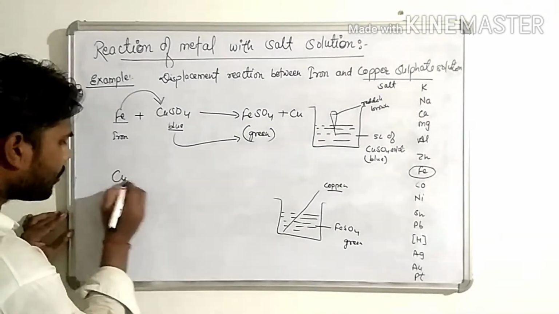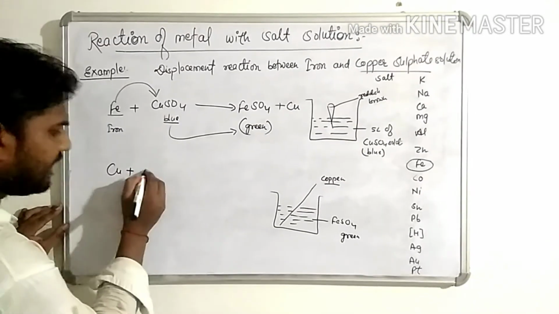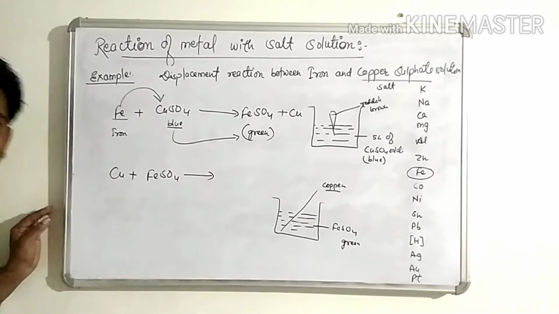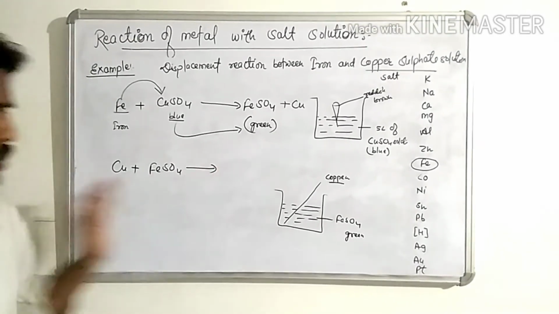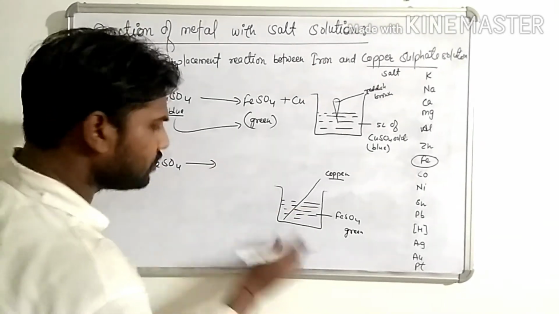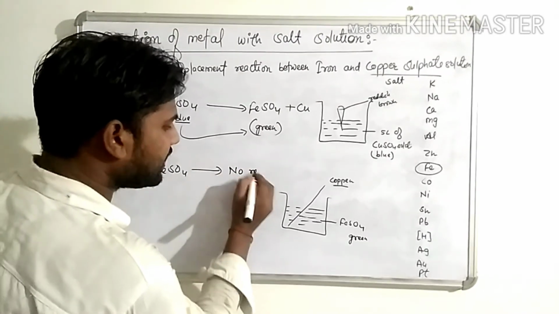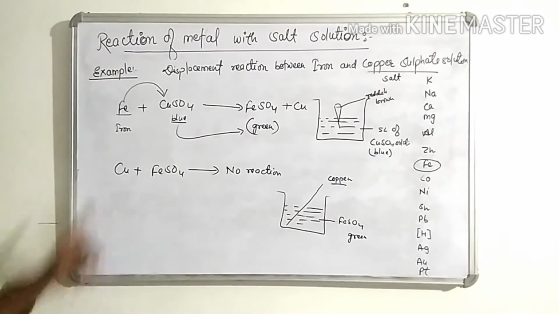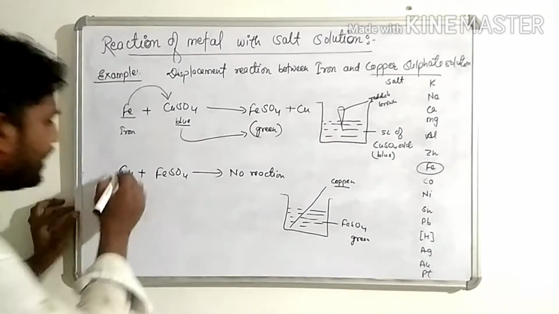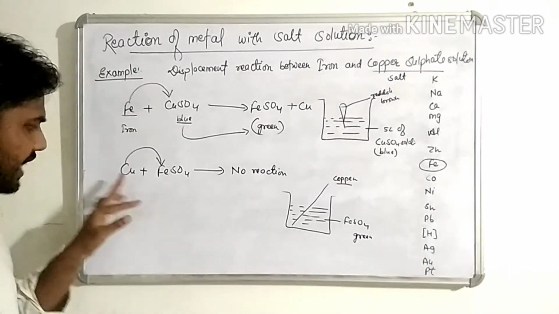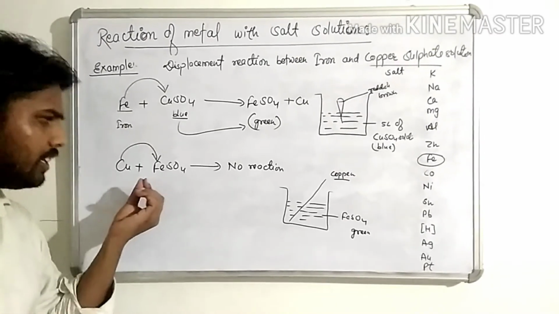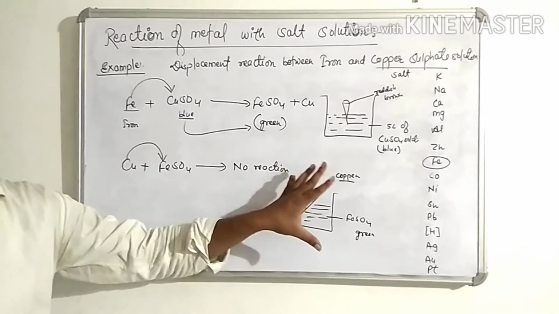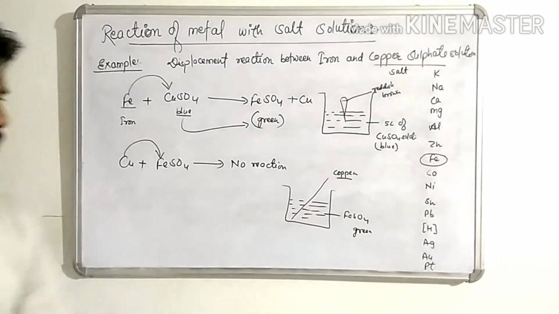What do you observe when a copper rod is dipped in ferrous sulfate solution? So children, no change occurs in this reaction. No reaction takes place because copper is less reactive than iron. So it cannot displace iron. That is why no reaction takes place and no observation can be made.